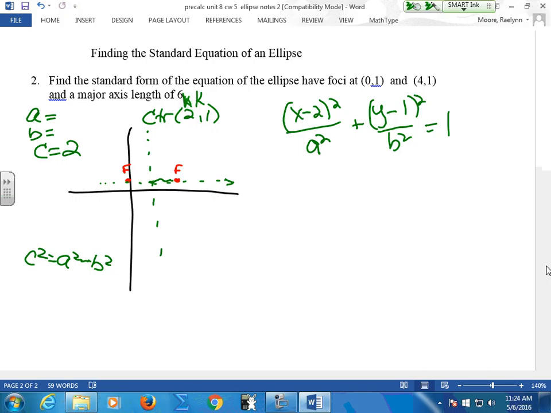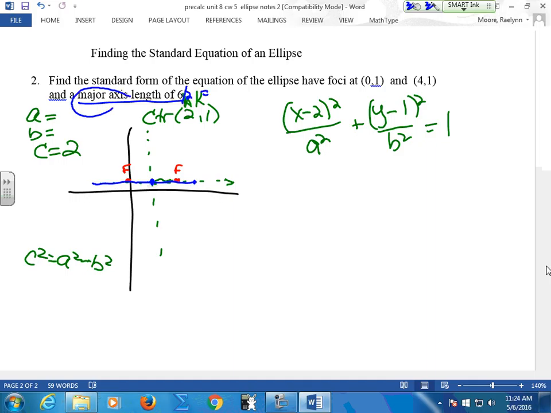So now, my major axis length is 6. This is my major axis. This length is going to be 6, the whole length. So what is A going to be? 3. Because don't I want from here to one endpoint? So I take this and I divide it by 2.